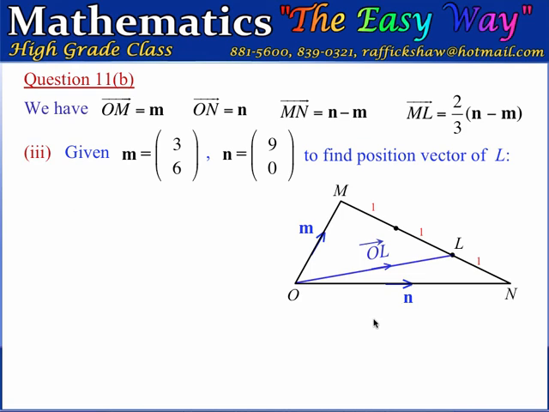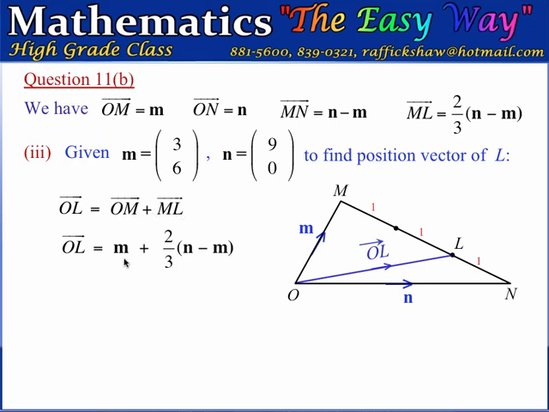And we have the vector OM as being equal to m, and we also have the vector ML being equal to this. And so we can show that the vector OL, which is the position vector of L, becomes equal to m from here plus 2/3 of n minus m from here.